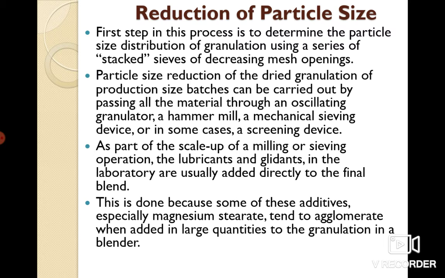As a part of scale-up of milling or sieving operation, the lubricants and glidant which in the laboratory are added directly to the final blend are usually added to the dried granulation during the sizing operations. So it is a really critical step, and particle size reduction of a dried granulation of a production size batch can be carried out by passing all the material through various types of size reduction instruments.